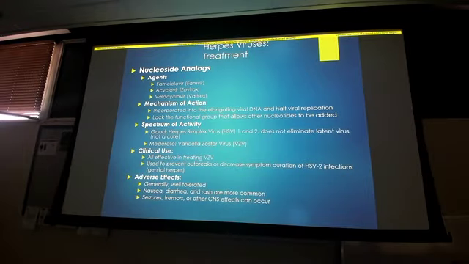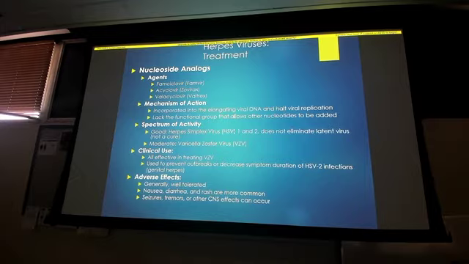So my different agents that I have available to me, you see your famciclovir, acyclovir, and valacyclovir. The one that you are going to see used more likely is going to be your valacyclovir or your Valtrex.